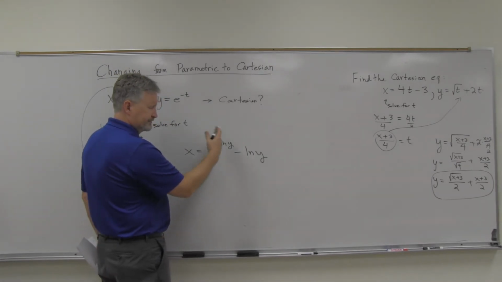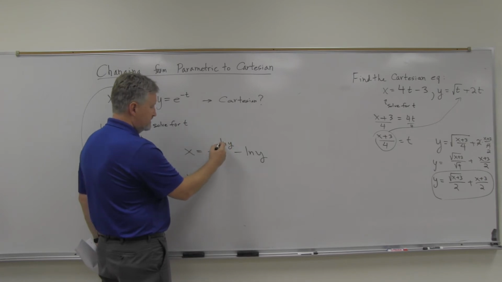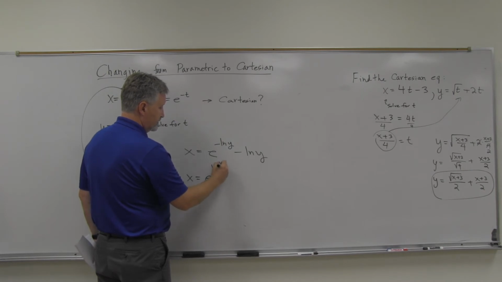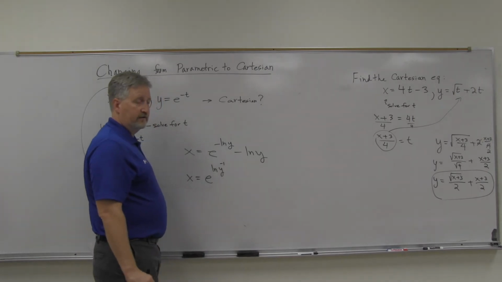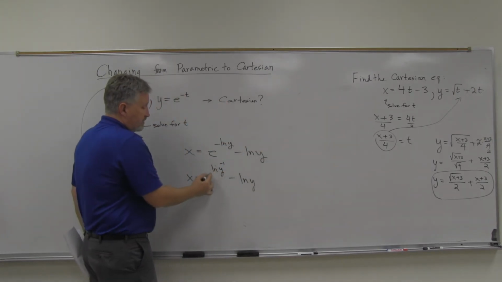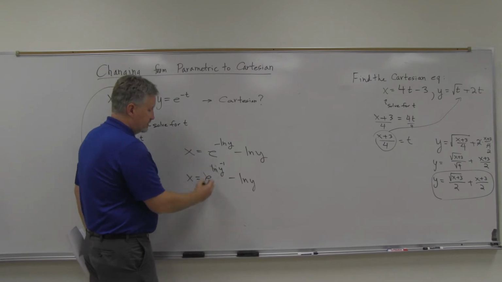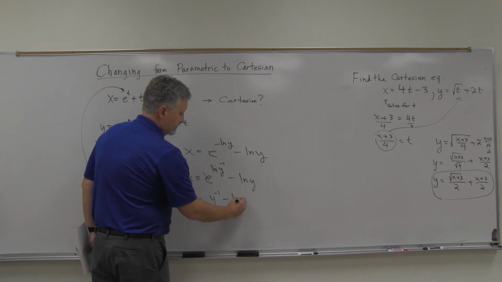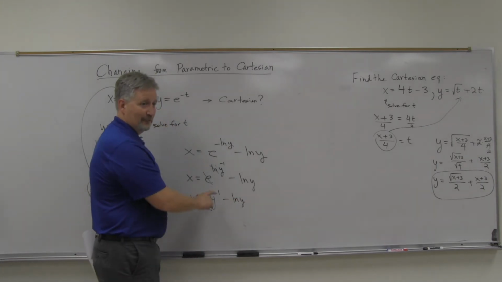Again, by the properties of logarithms, this can come inside. That's one way you can see it. And it comes inside, yeah, it'd be the -1 power of y. Now we've got the e right up against the ln. Those do cancel, so it's y to the -1, which is different than minus y, because that's 1 over y.